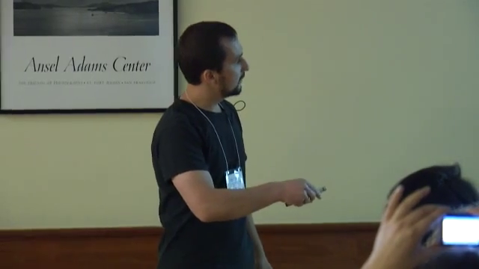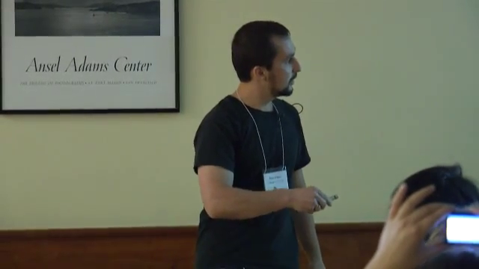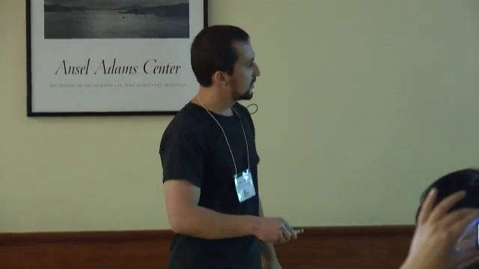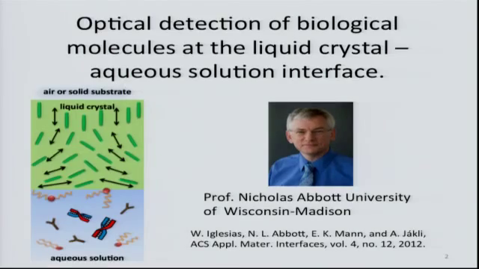So in this schematic on the left, you see this green nematic liquid crystal film that is put in contact with an aqueous solution that may contain various biologically relevant surface active molecules. And when those molecules bind to the interface, they would disrupt the alignment of the liquid crystal, and that can be observed using the microscope.